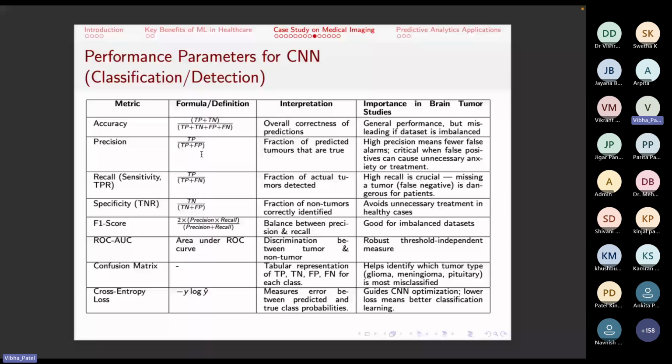A person may be in the second or third stage of the cancer because of not being detected in the first stage. So recall should be very high.